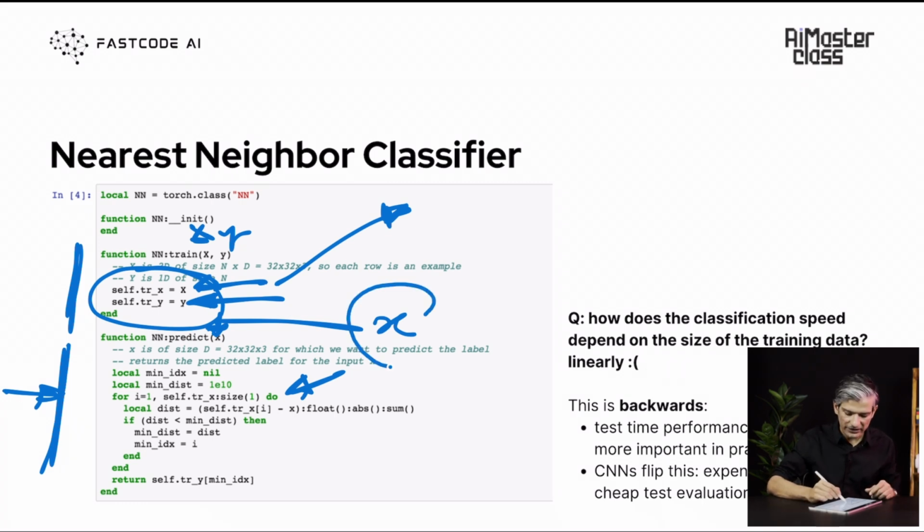So we want to find a label for X, we give it as input, and then we go over the entire data set, and for every image we try to find this so-called absolute distance.